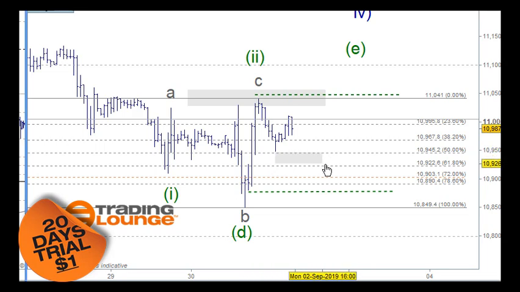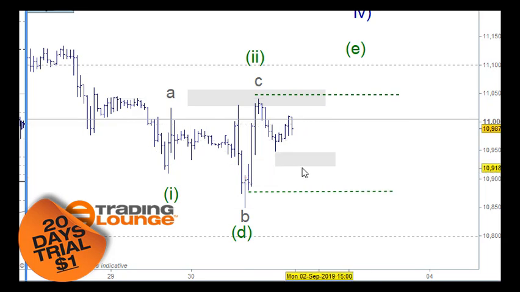That's 50% there and 60% there. What we've got to be careful of, this is definitely 5 waves up here, which suits the C wave for wave 2. So that's actually fine. So we can have this down here as wave 1 and back for wave 2, and coming down for 3, 4, 5.